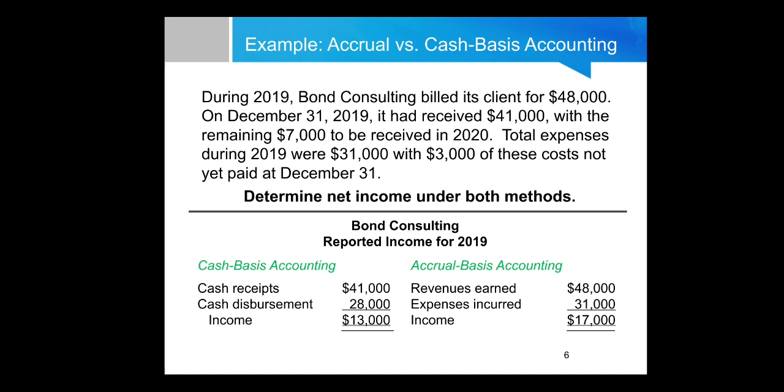It means that the 7,000 is still unpaid by the business clients and will be paid later. Total expenses during 2019 were 31,000, with 3,000 of this cost not yet paid at 31st of December.